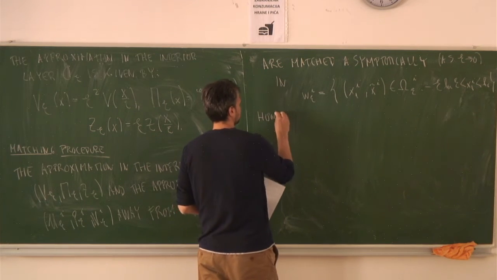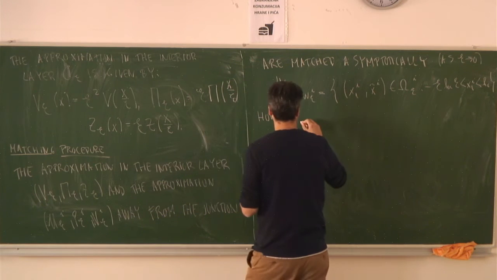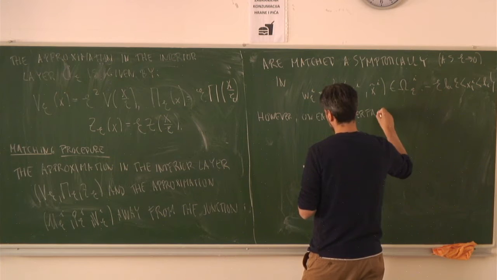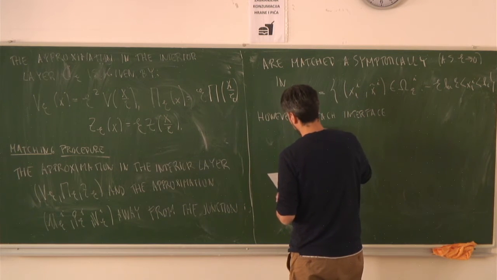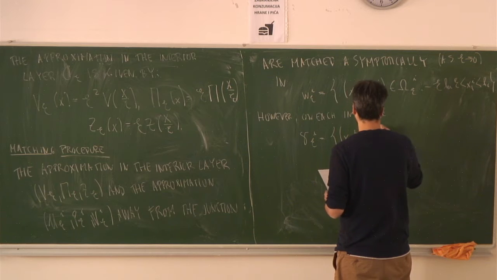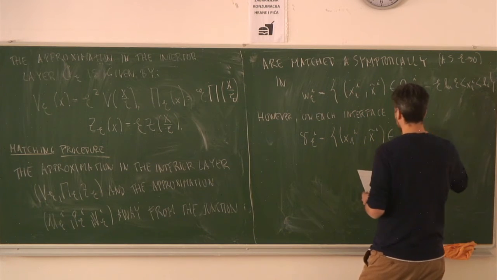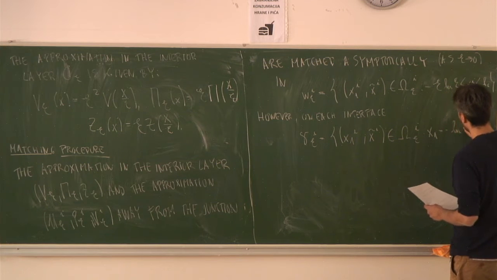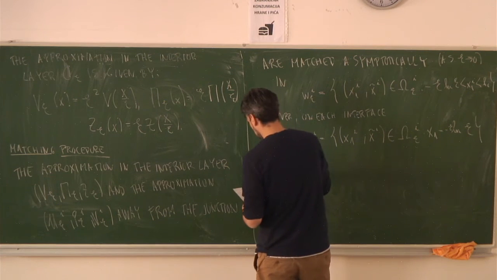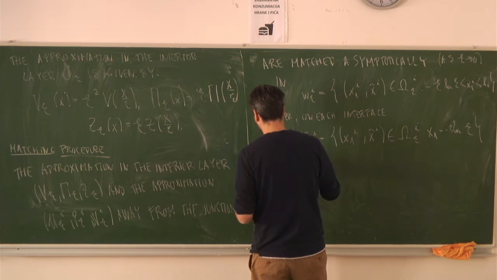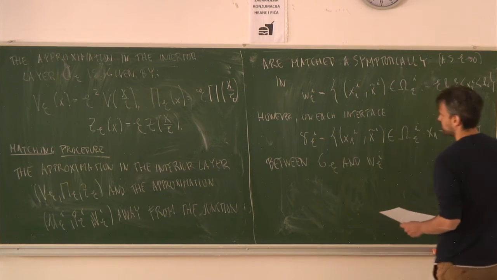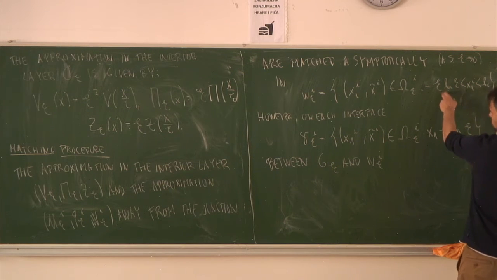So, however, on each interface gamma epsilon I, which is x_1I, x tilde I, from omega epsilon I, so of course when x_1 is minus epsilon ln epsilon, between g epsilon and v epsilon I. So g epsilon was the domain up until this value, if you remember.